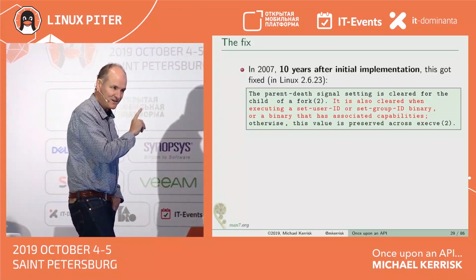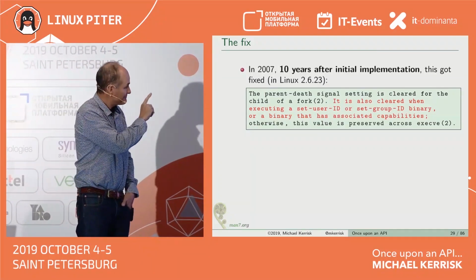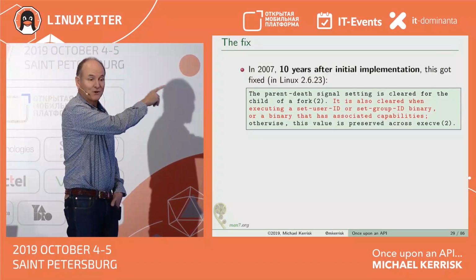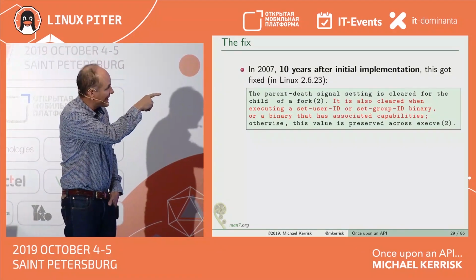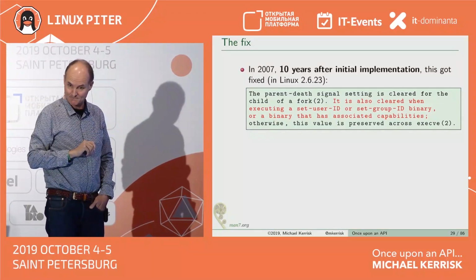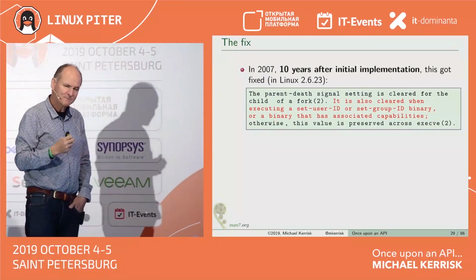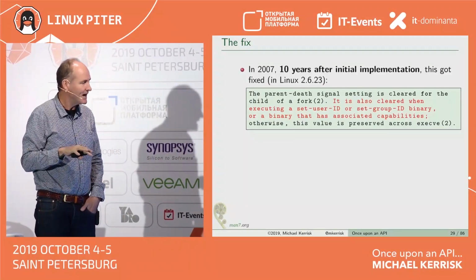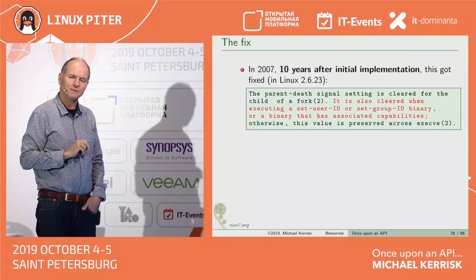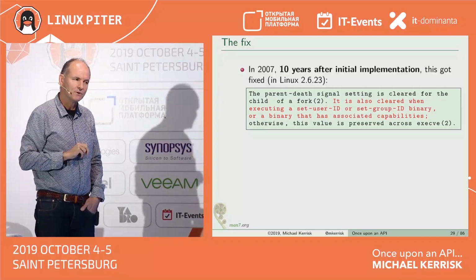But it took 10 years for people to notice that, and in those 10 years, there was no documented behavior for execve and this PR_SET_PDEATHSIG feature. So my point is, perhaps if that had been documented and more explicitly thought about at the start, maybe people might have cottoned on to this security problem earlier.